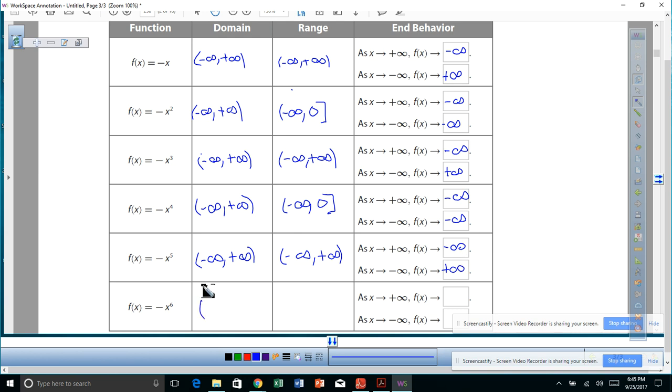And here, it's going to be like the x to the fourth and the x squared. It's going to be negative infinity to positive infinity and negative infinity to 0. All right. And then both of these legs will go to negative infinity. All right. Good.